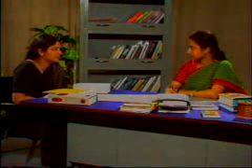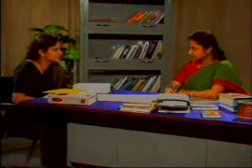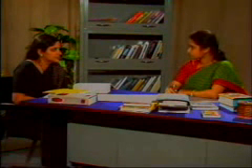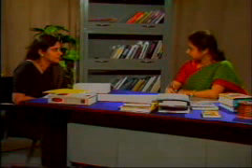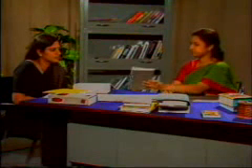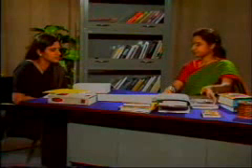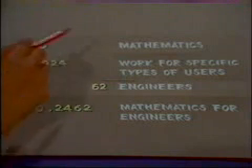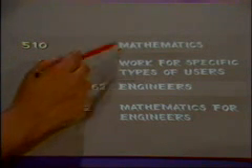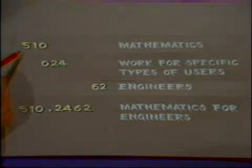At times, we also use the standard subdivision notation 024. Let me illustrate this with one example. Mathematics for engineers. Let me show you the number for main class mathematics is 510.